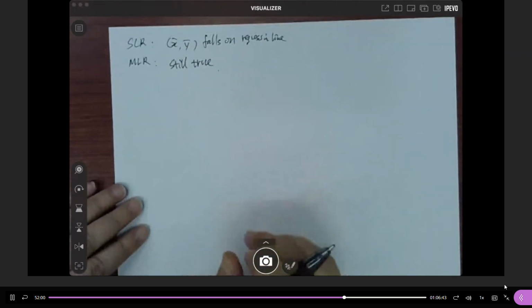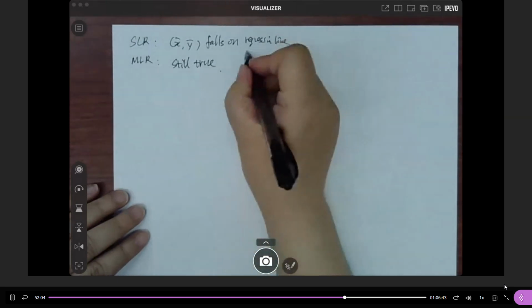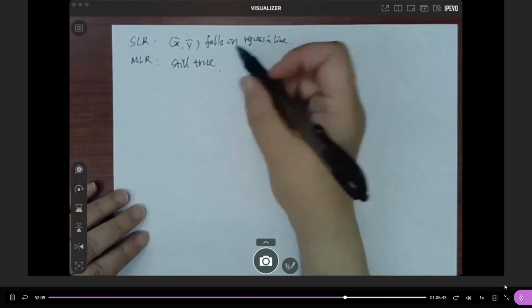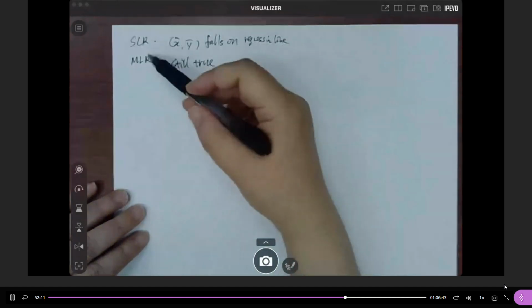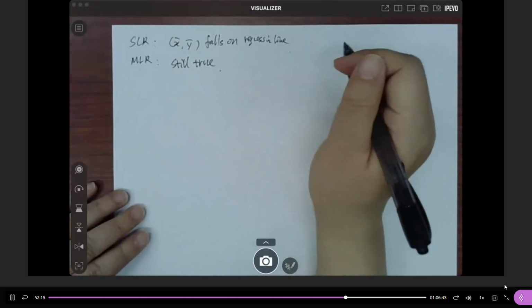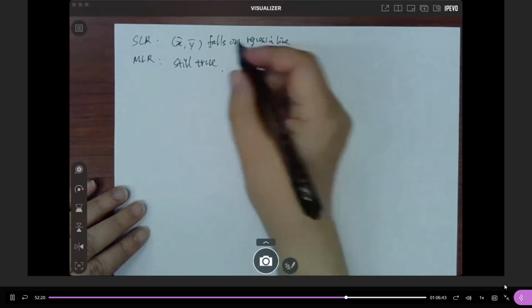So can you prove it? In this case, your regression is no longer a line, it's a hyperplane. In simple linear regression with one predictor variable, it's a regression line. With multiple linear regression with p predictor variables, you actually have a hyperplane.